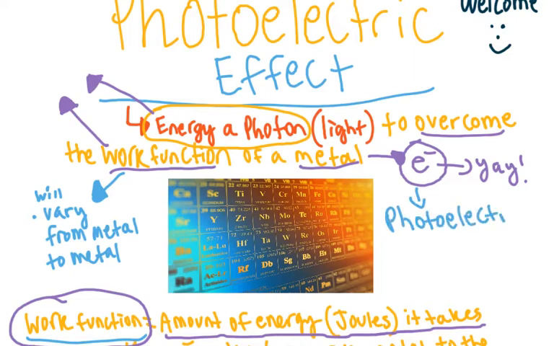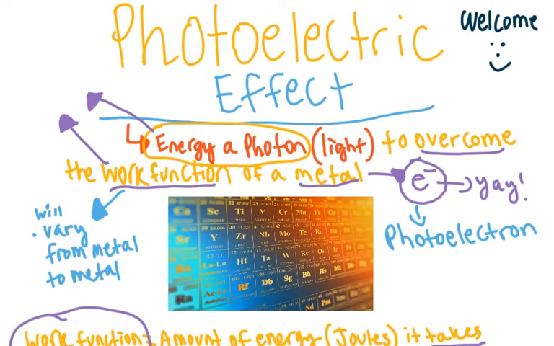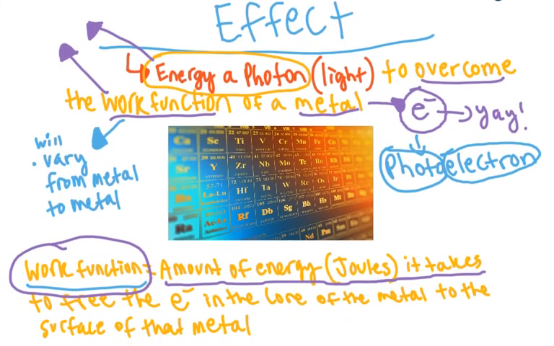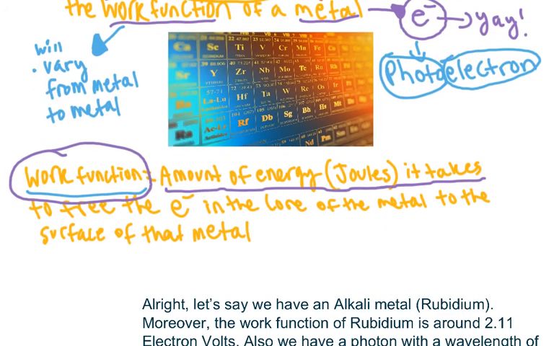That's why the name of this whole idea is the photoelectric effect. Due to the energy of the photon, we freed an electron if it's greater than the work function of that metal. I hope that made a little sense, at least to get started.